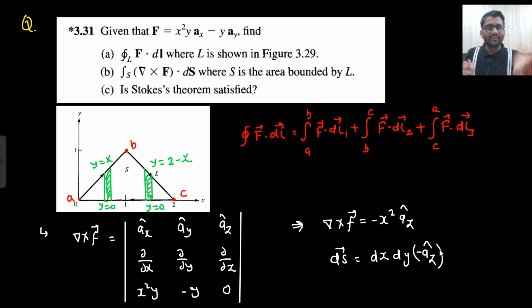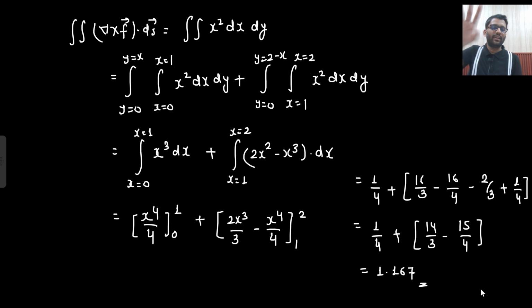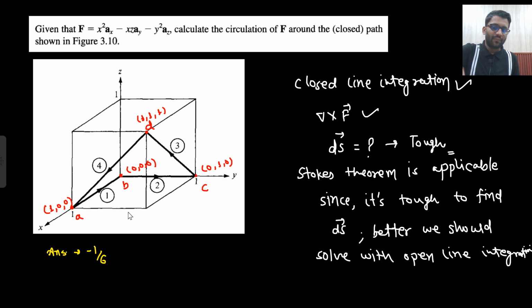In surface, we need to take care of the direction. So if I am taking care of the direction, I will not take care of the limit; from low to high only I will write. And if I am not taking care of the direction, then I need to take care of the limit, because here it is completely visible that I am going from here to here. So from 1 to 0, I can take care.